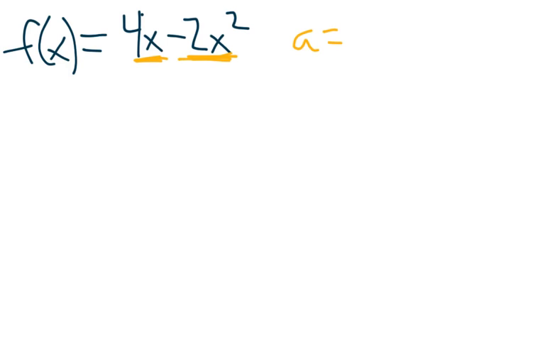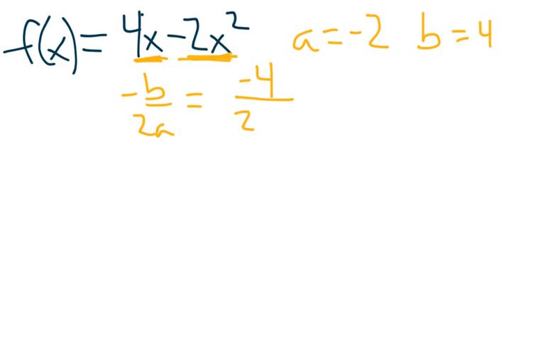In this case, a is going to be negative 2, b is going to be 4. So when we do negative b over 2a, we get negative 4 over 2 times negative 2. And that becomes negative 4 over negative 4, which is just 1.